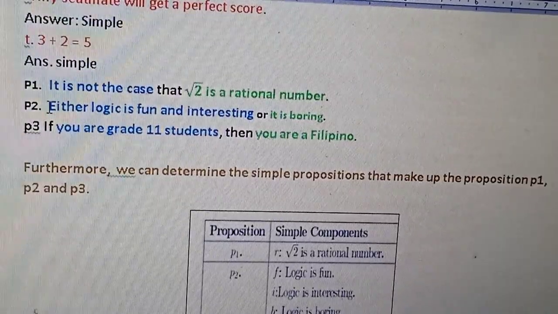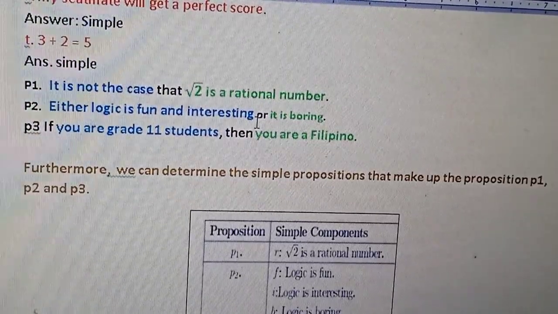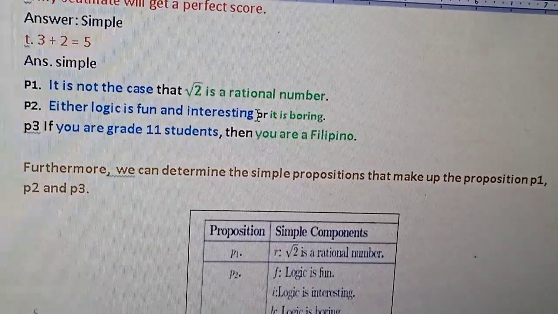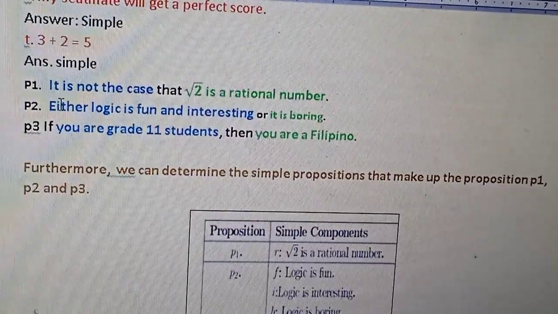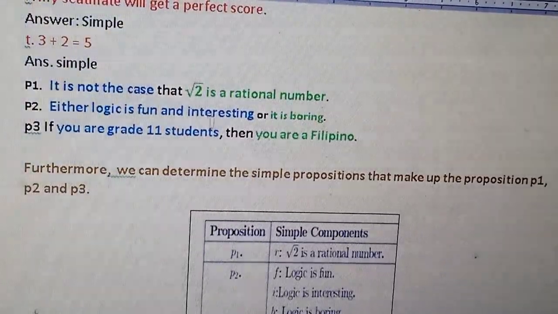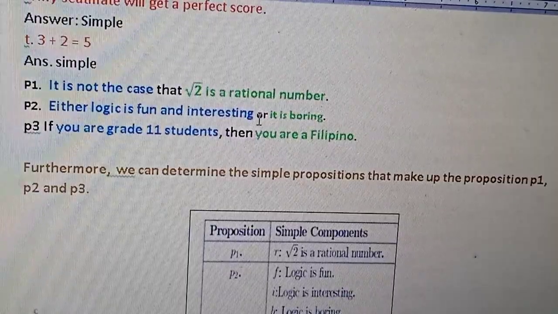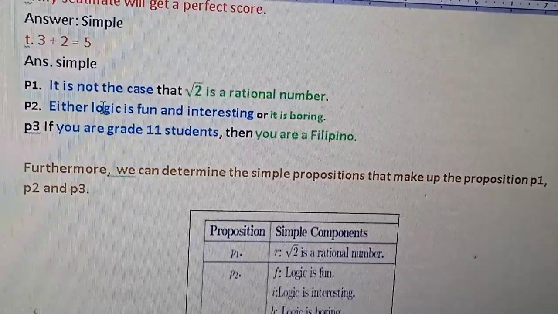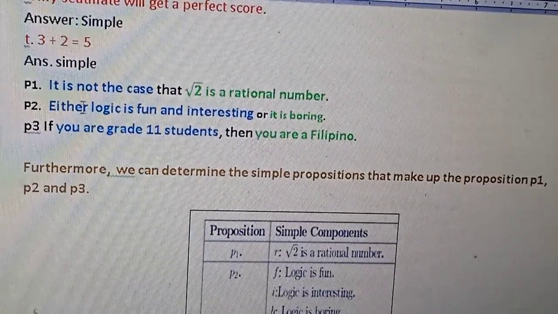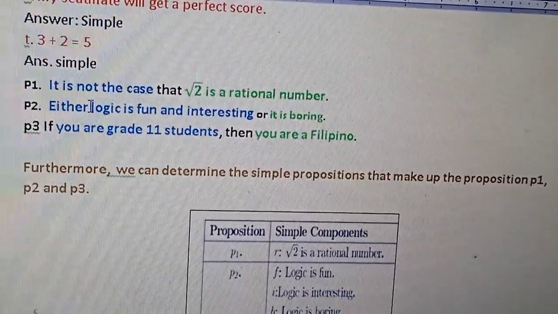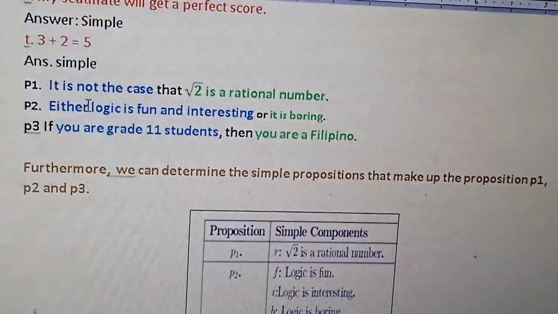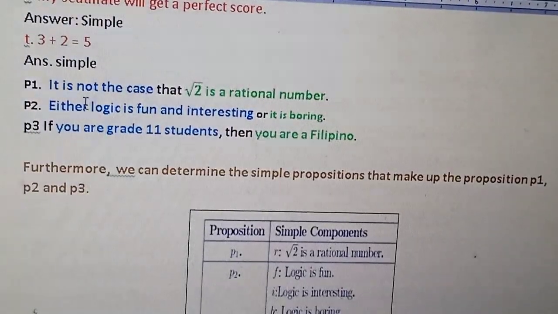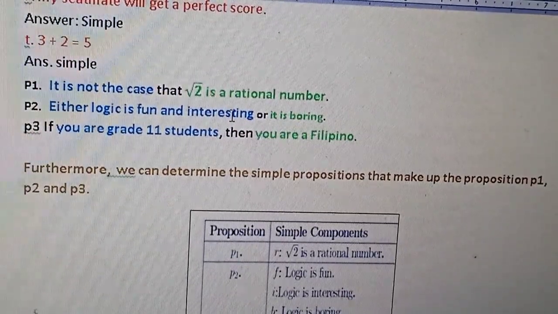Proposition 2. Either logic is fun and interesting or it is boring. The simpler components are: logic is fun and interesting, then the second is, it is boring. They are connected by the combination of logical connectors, either... or.